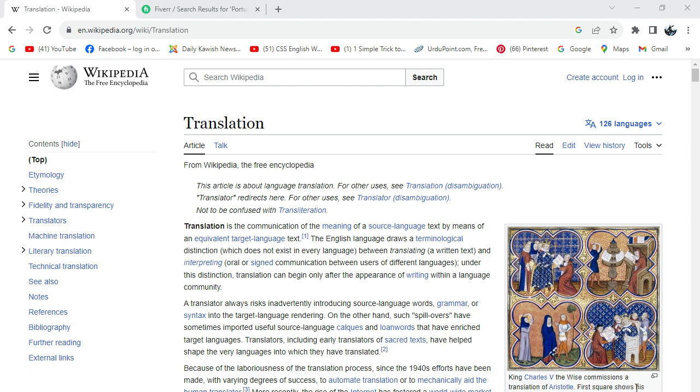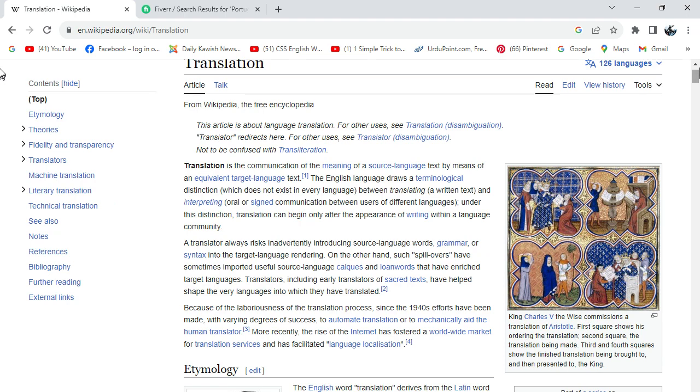A translator always risks inadvertently introducing source language words, grammar, or syntax into the target language rendering. On the other hand, such spillovers have sometimes imported useful source language calques and loanwords that have enriched target languages. Translators, including early translators of sacred texts, have helped shape the very languages into which they have translated.